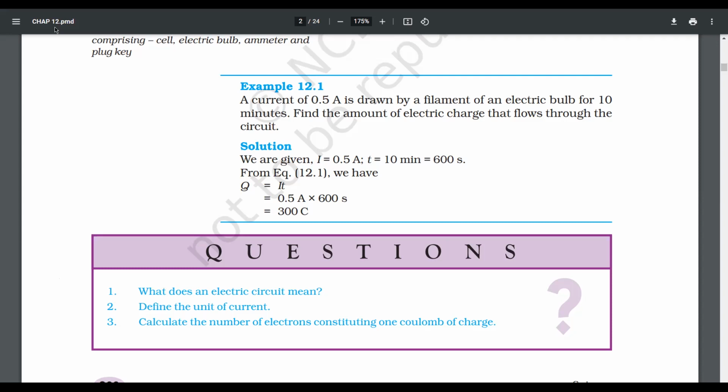Yes, continuous path and closed path of an electric current is correct, which is a circuit.